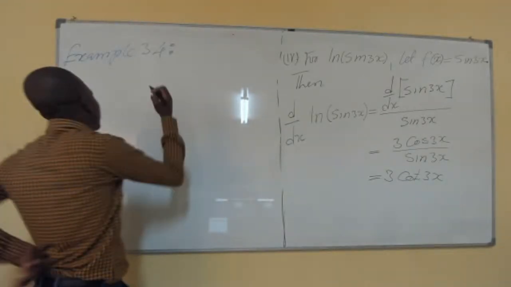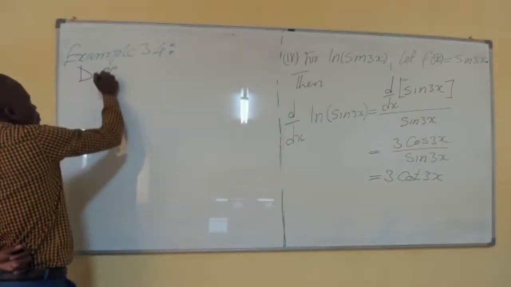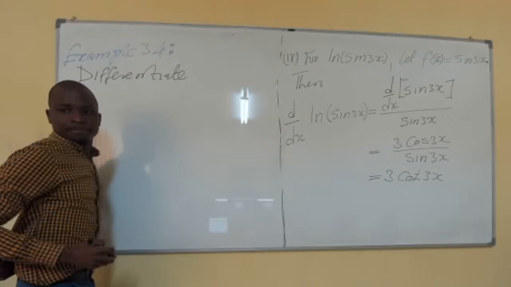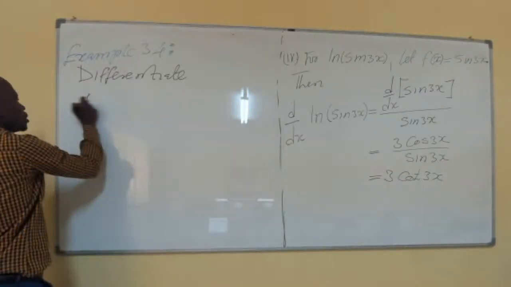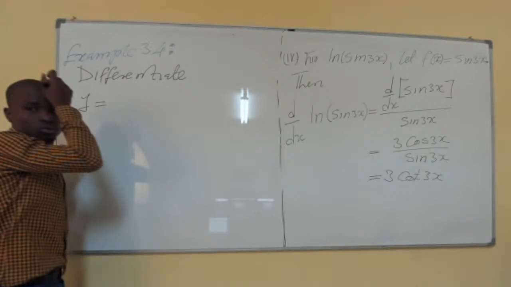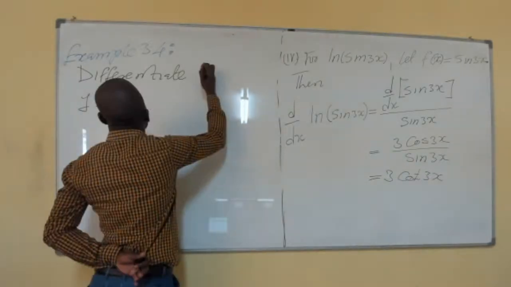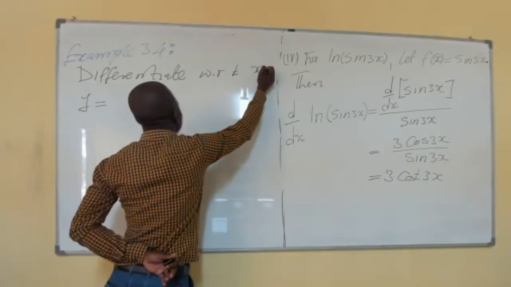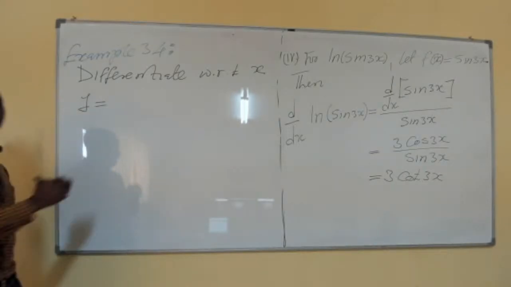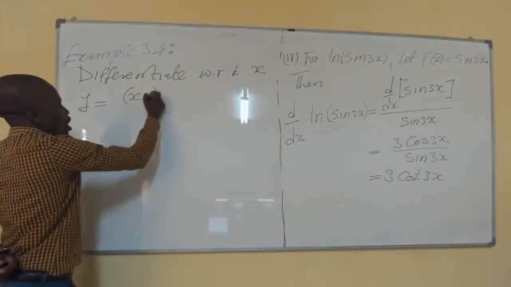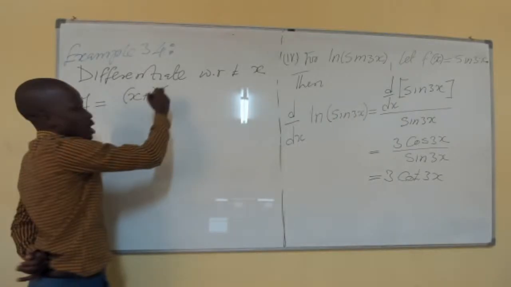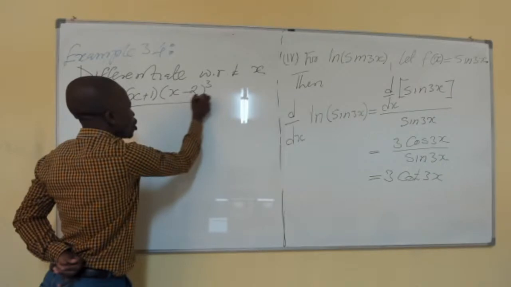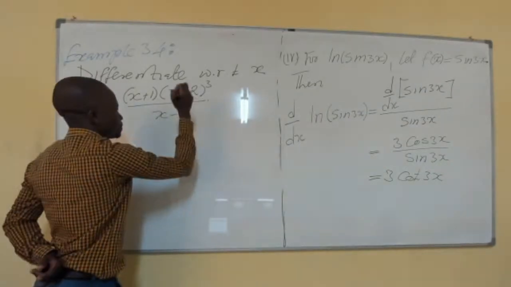Differentiate with respect to x the function y, which is given by x plus 1 multiplied by x minus 2 to the power 3, everything divided by x minus 3.